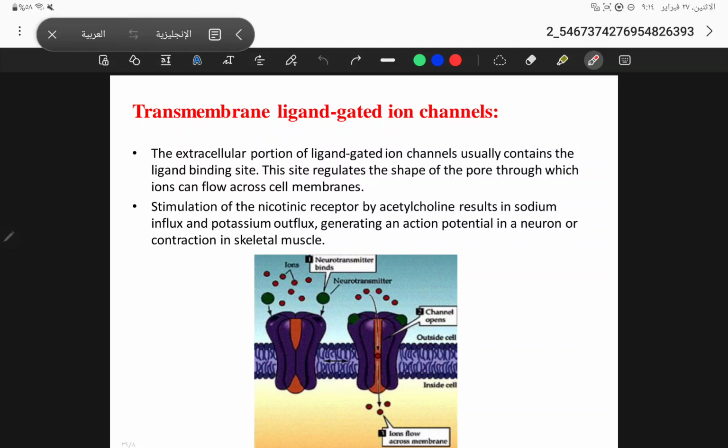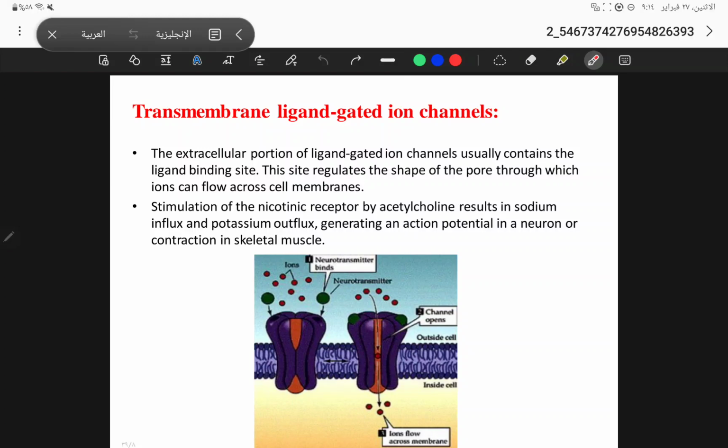This core permits the passage of the ions, whether they are anions or cations. Once the drug binds to the receptor, it will induce the opening of the channel and permit the passage of the ions inside the cell, producing maybe depolarization or hyperpolarization.